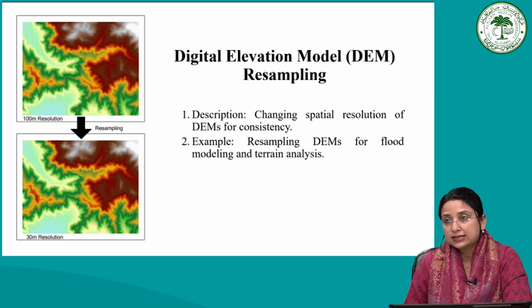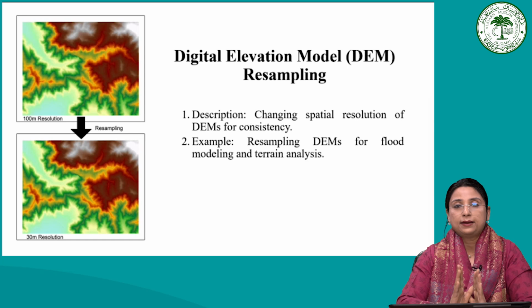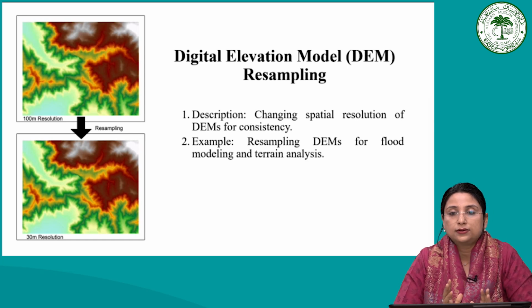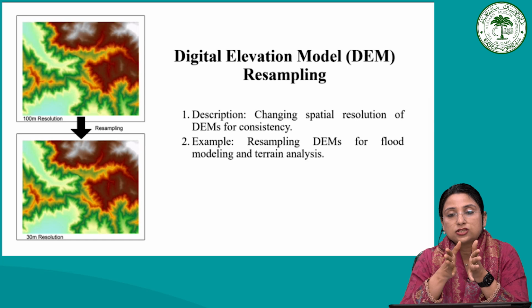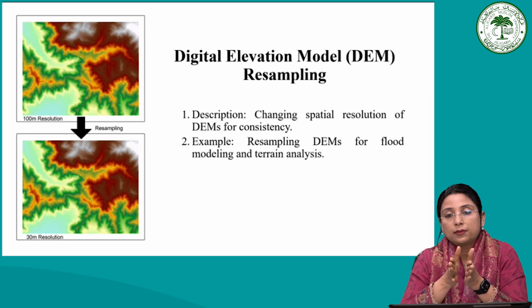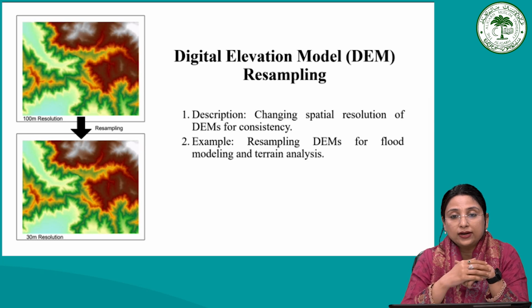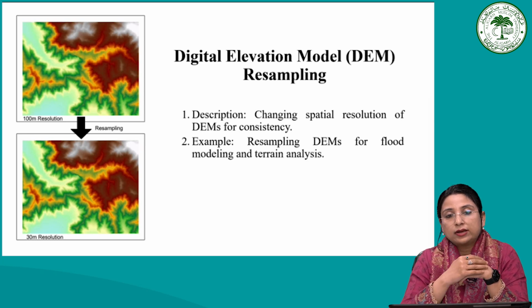Resampling is changing the spatial resolution of the digital elevation model for consistency. We know DEMs, digital elevation models, represent terrain elevation data as a regularly spaced grid, because we are talking about raster.